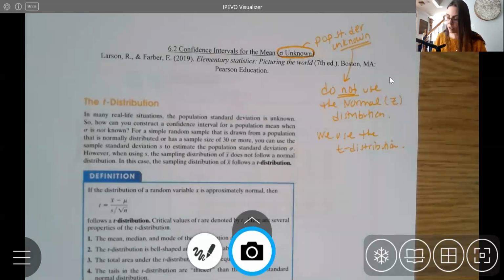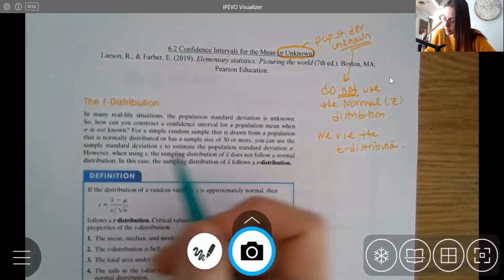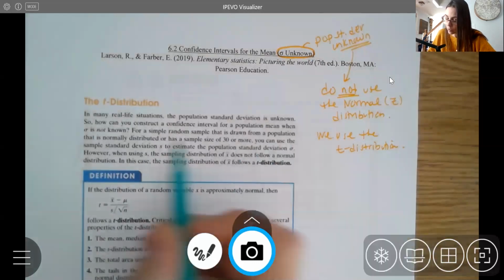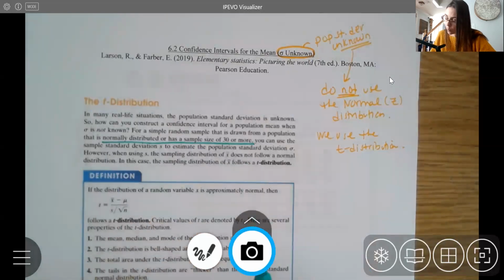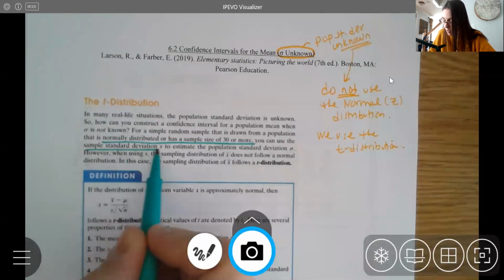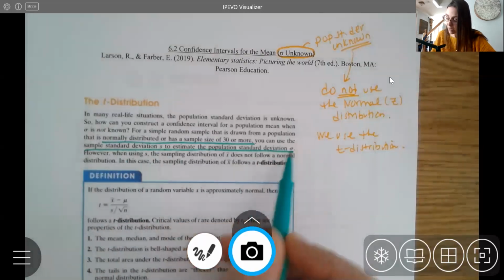So in many real-life situations, the population standard deviation, as I mentioned, is unknown. So how can you construct a confidence interval for a population mean when sigma is not known? Again, we still have a simple random sample that is drawn from a population that is normal or has a sample size of 30 or more. What we can do is use the sample standard deviation to estimate the population standard deviation instead.